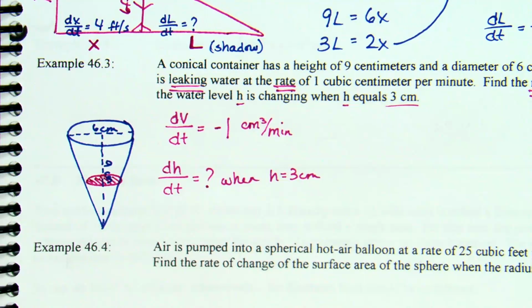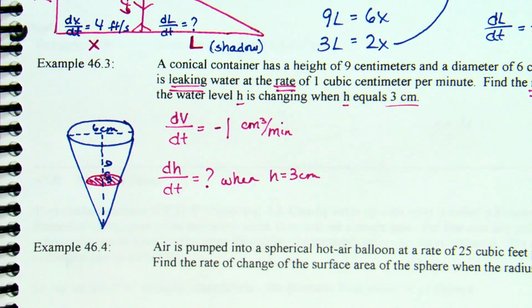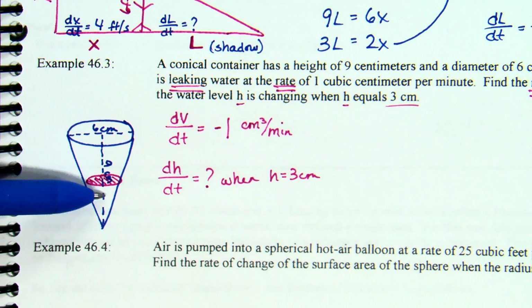And we are specifically going to be asking about when h equals 3. So what I need you to connect here is that the normal height, when it's all the way full, is 9, yes? We're going to be looking for this height right here.